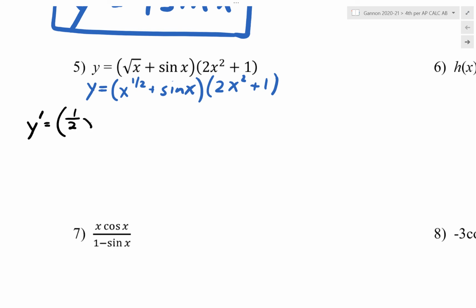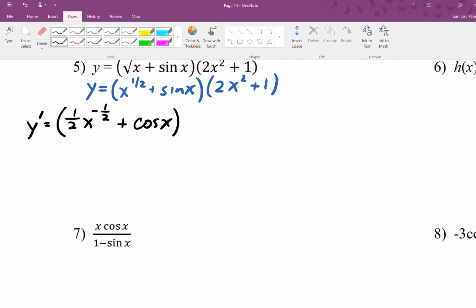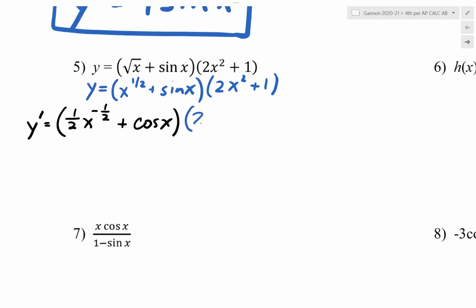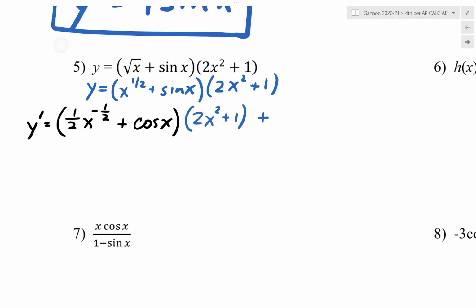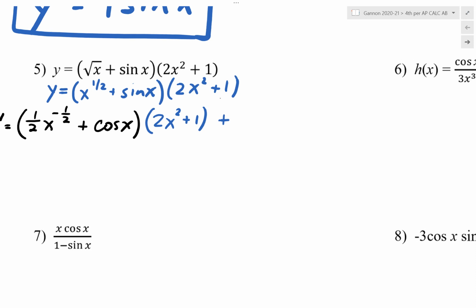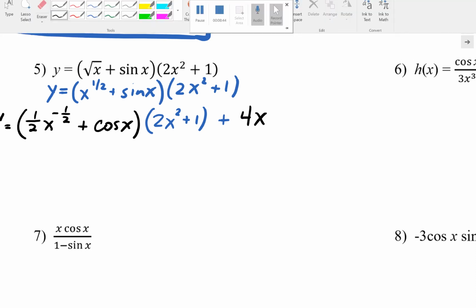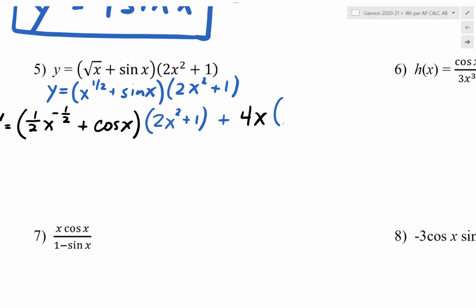It's going to be 1/2 x to the negative 1/2 plus, because it's a sum, the derivative of sine of x is cosine of x. We are going to multiply that by the second function, 2x squared plus 1, and then it's plus the derivative of the second function, which in this case is going to be 4x using the power rule, times the first function, x to the 1/2 plus sine of x.